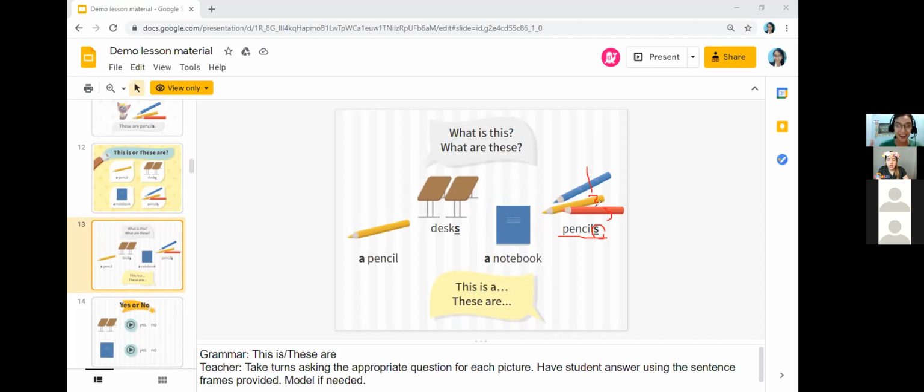These are pencils. Good job. Well done. One, two. What are these? These are notebooks. Good job. These are notebooks. Well done.